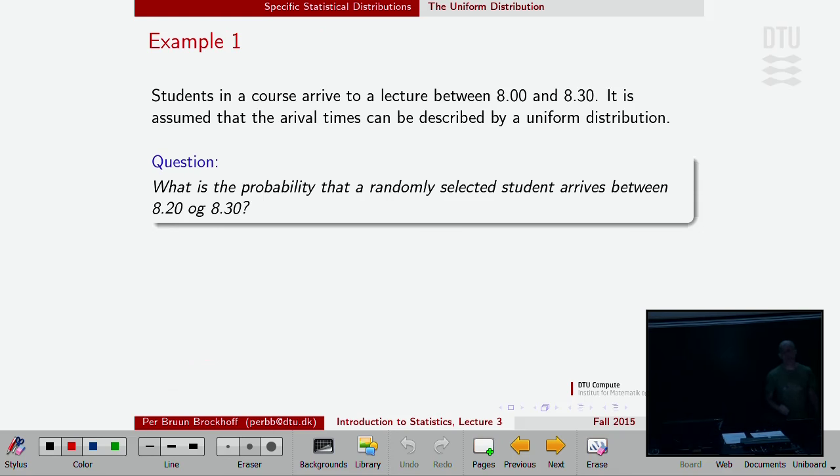A little silly example. Let's assume, not friendly to you of course, that you arrive to my lecture completely uniformly between 8 and 8:30. Thank you for not doing this. Because what would that mean?